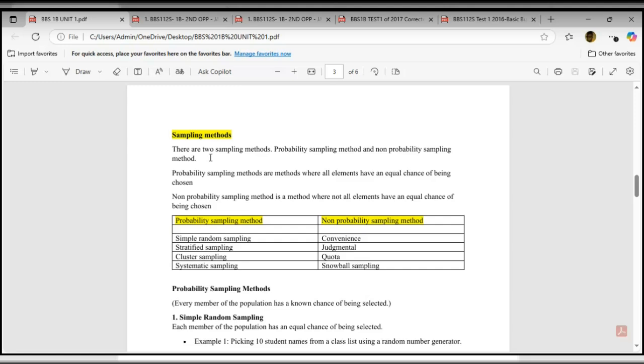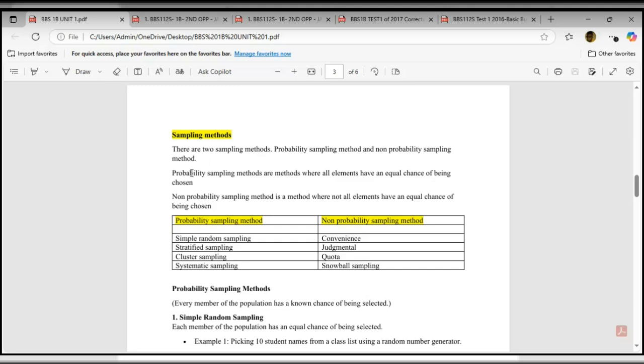Probability sampling means that when you are selecting your elements, all of them have an equal chance of being chosen. If I have a group of 10 elements, every one of those 10 has an equal chance of being chosen. That is what we call the probability sampling method.